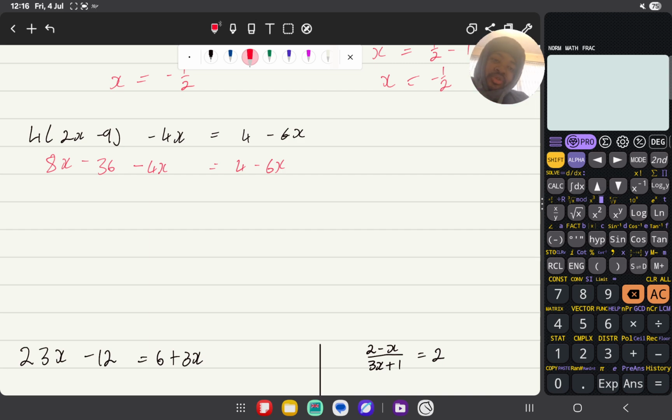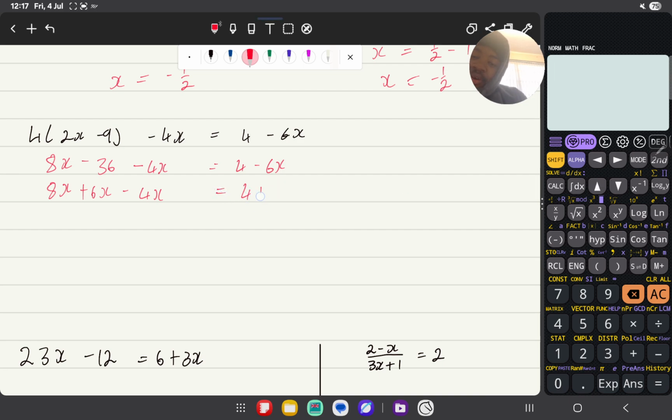So what I'd like to do is look at the highest coefficient of my variables, which this time is 8, and 8 is on my left hand side. So I'm just going to take 6 to the other side. So I'm going to have 8x plus 6x minus 4x, right? And then I have 36, I take it that side.